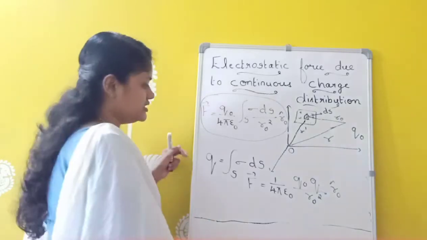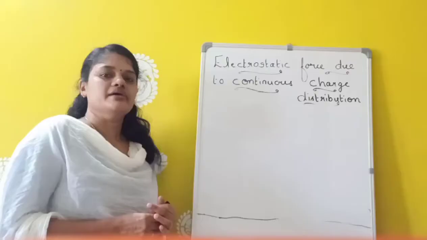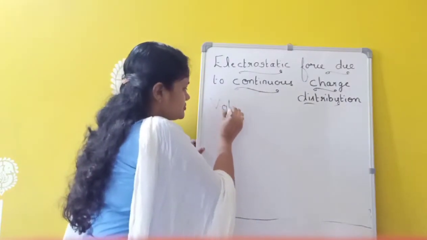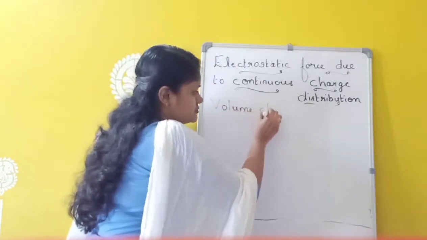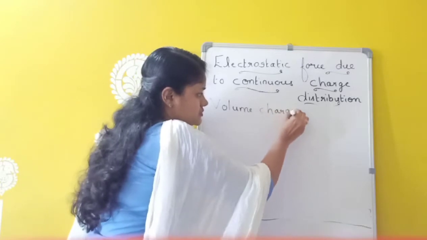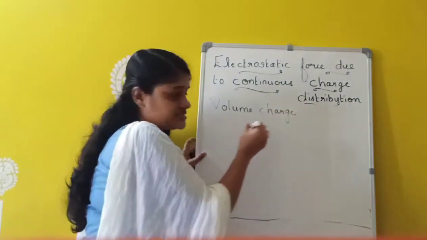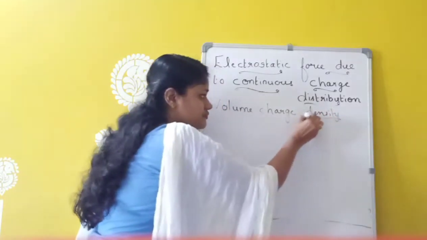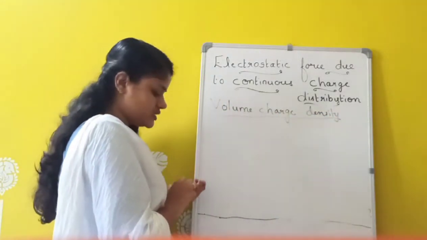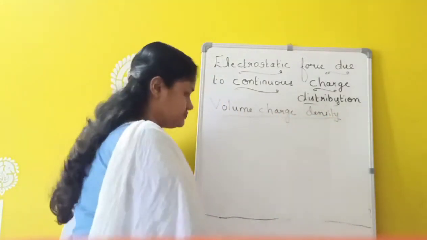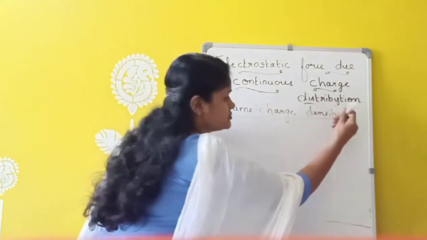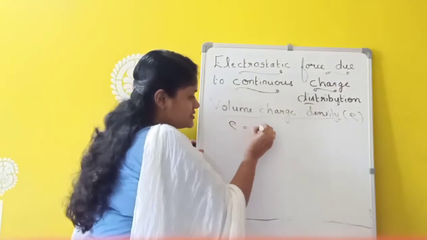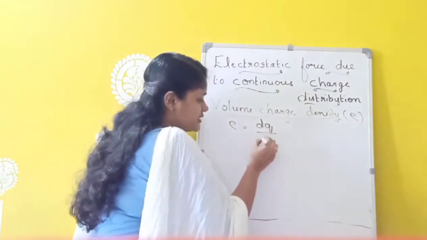Similarly, we have to find the third one, the volume charge distribution. For that we have to study volume charge density first. Volume charge density, symbol is rho, and is given by rho equals dq by dV.